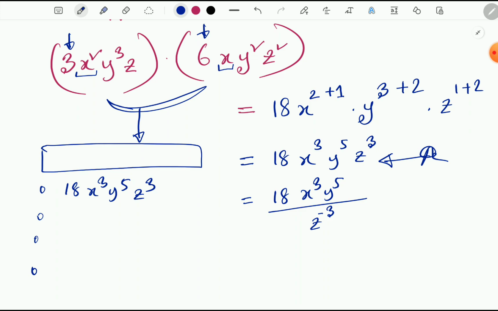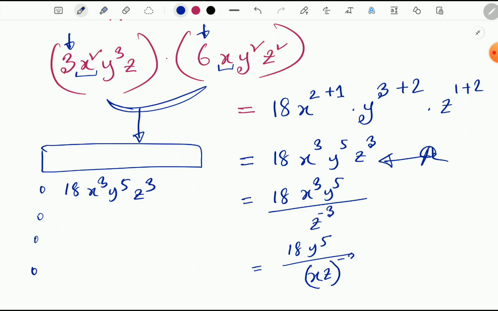Similarly, we can write this expression in another way, like 18 y to the 5 over... As x and z have the same power, what we can do is group x and z together at the bottom, and we can make a whole power of 3.